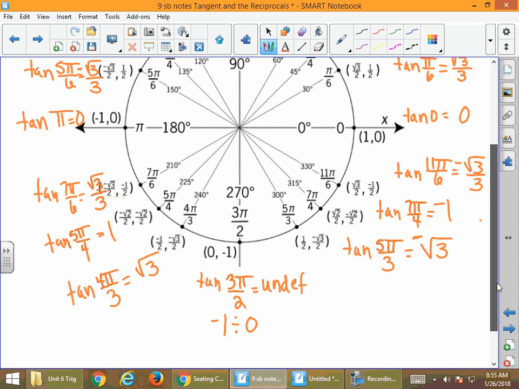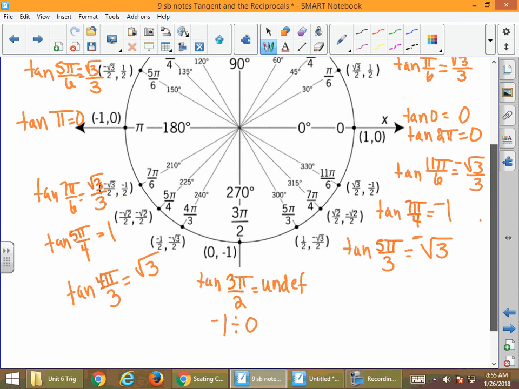And as we go full circle here, tangent of 2 pi is 0. I'm not going to take the time to fill in cotangent. We don't have enough space to write on our papers anyway.